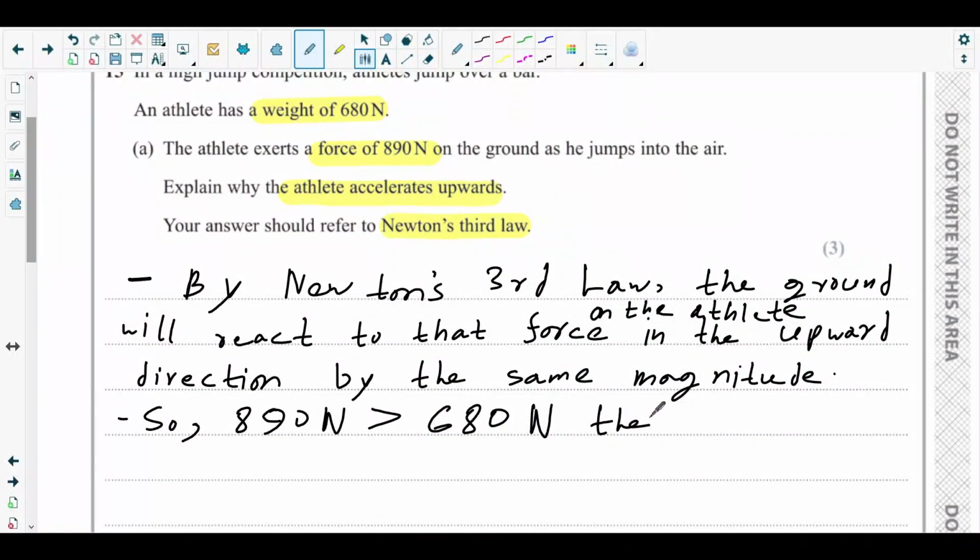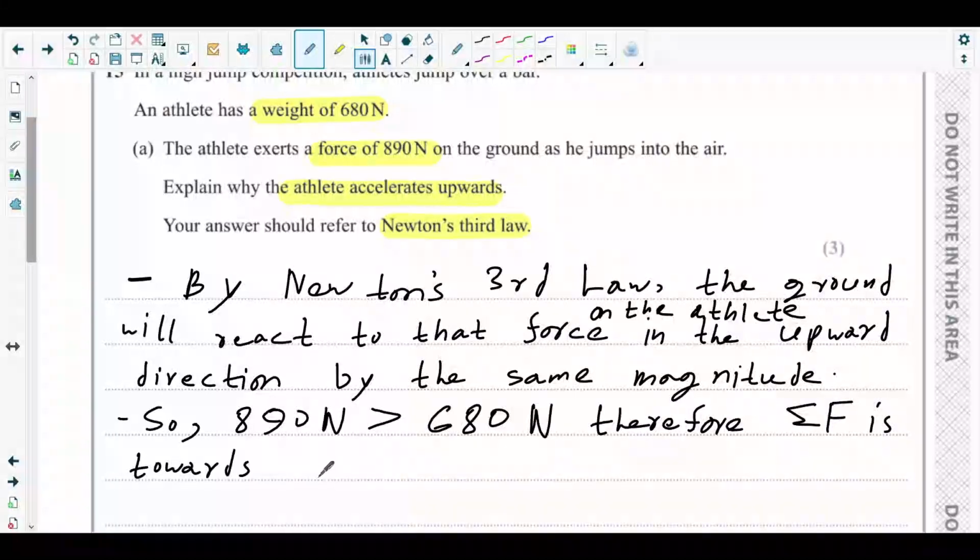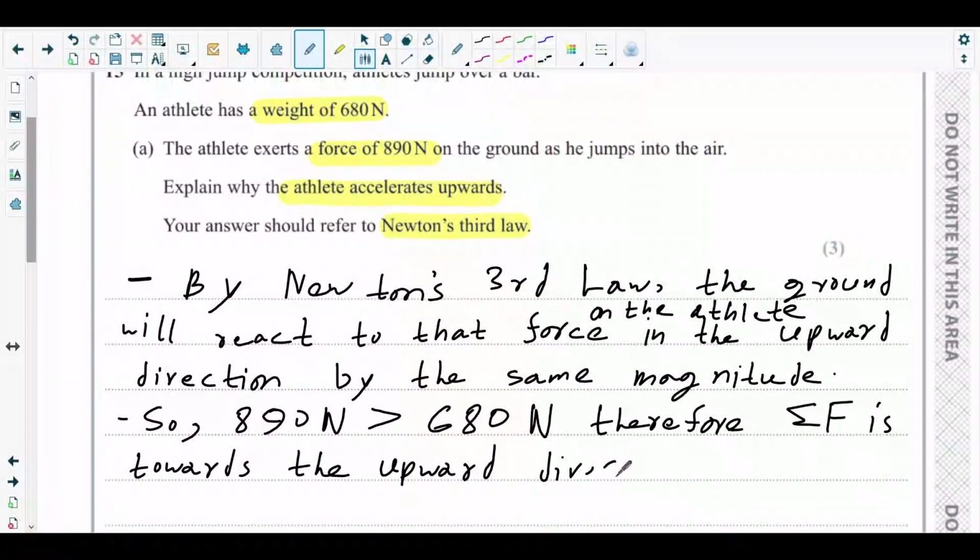Therefore, the resultant force is towards the upward direction.